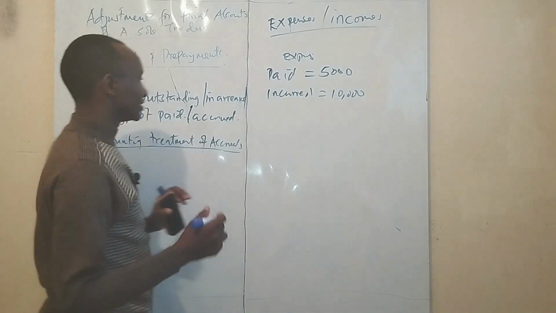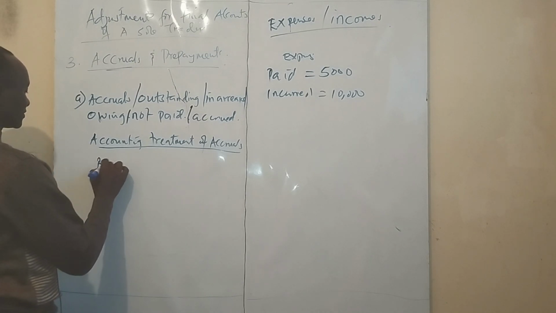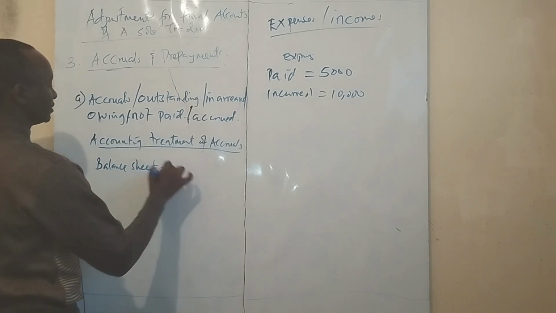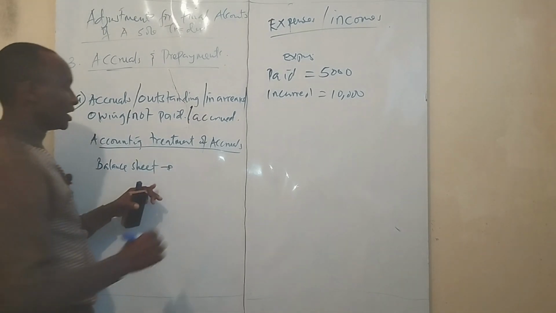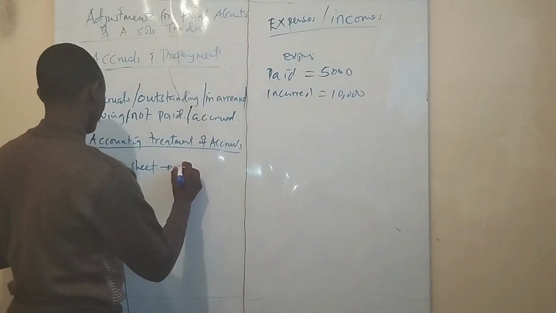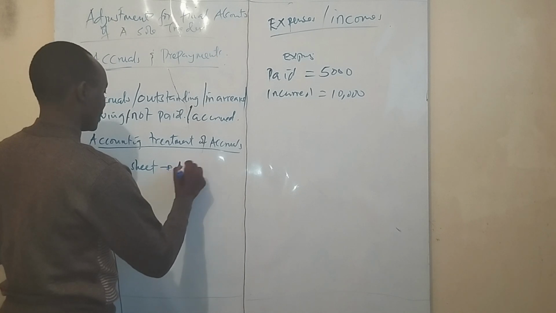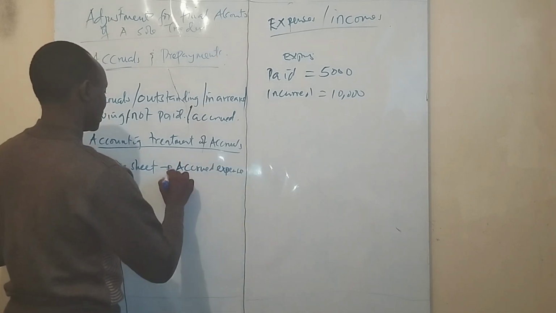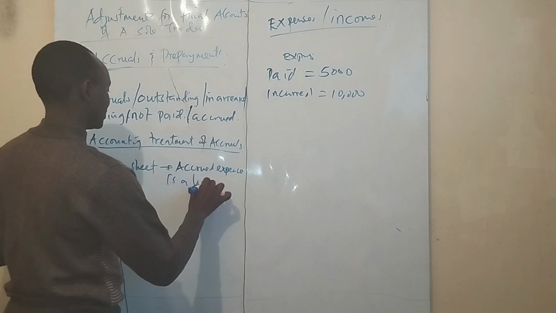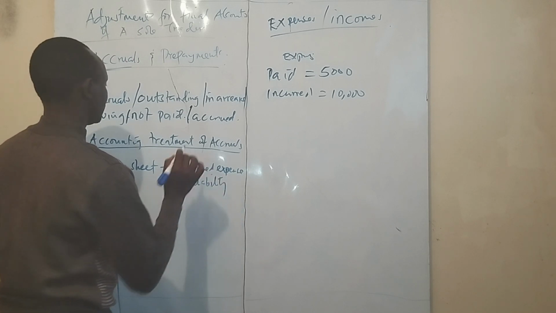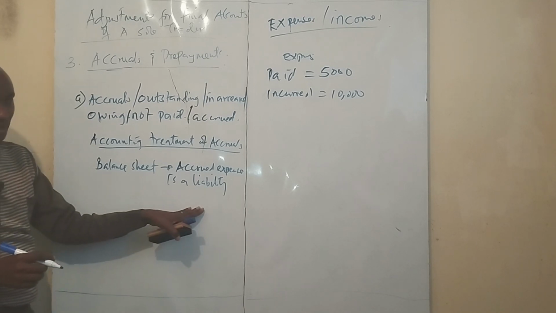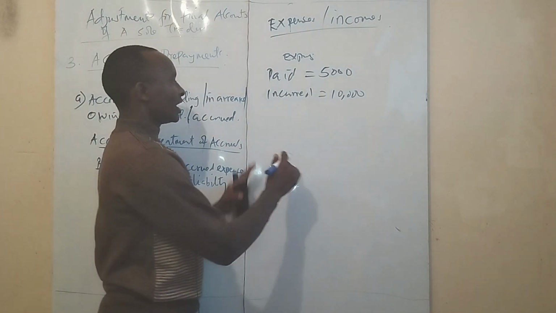So it's a liability. So in the balance sheet, an accrued expense is a liability. Are we together? Accrued expense is a liability. So look here.